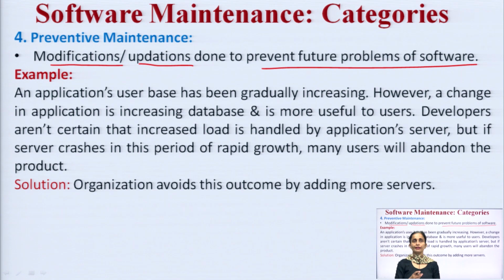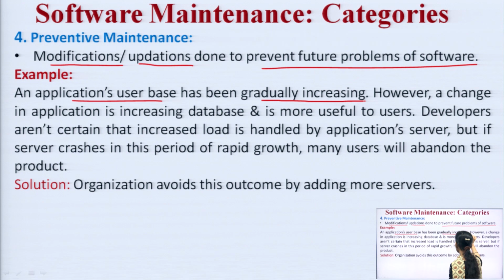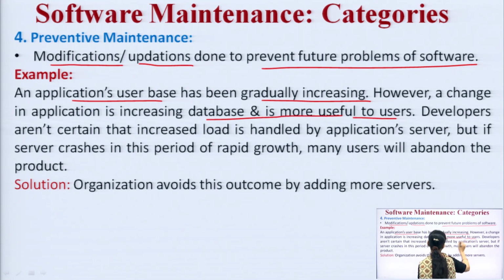So, preventive maintenance says whatever future problem can arise in the software application should be taken care of. Let us take an example. An application's user base has been gradually increasing. However, a change in the application is increasing the database and is more useful to the users.